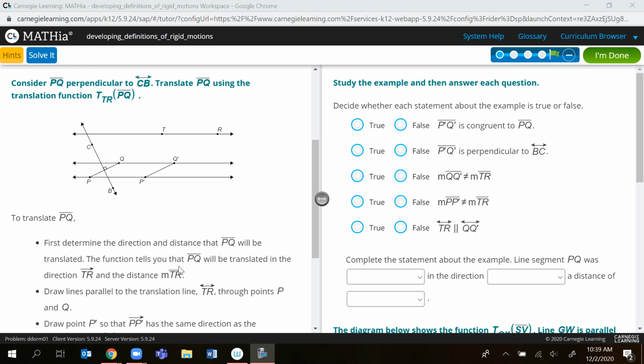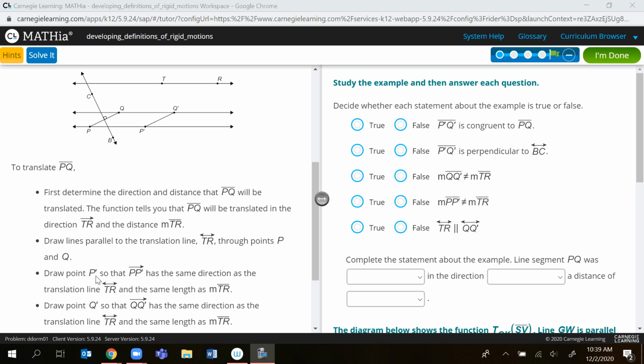The function tells you that PQ will be translated in the direction TR and the distance measure of TR. Draw lines parallel to the translation line TR, so that's right here. That's where they're getting the TR, and the distance TR in between the two is the distance that we're translating PQ.